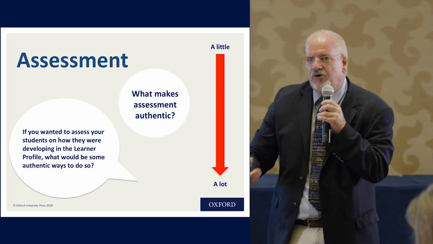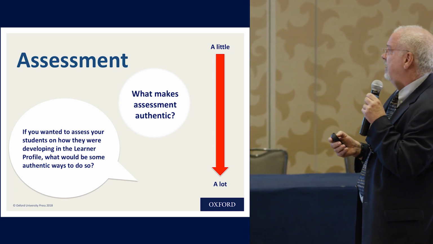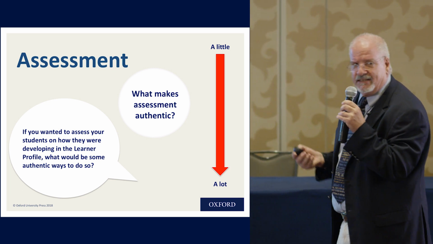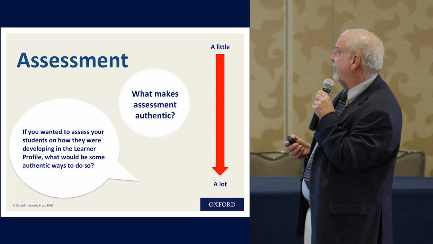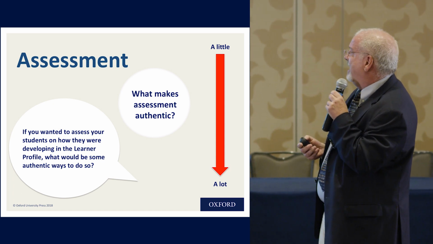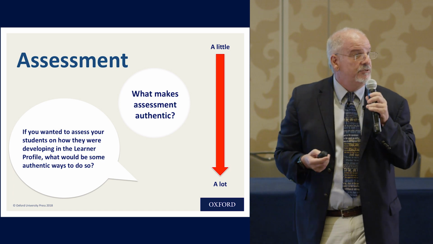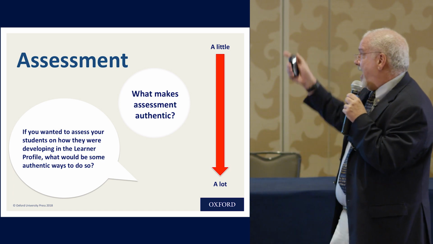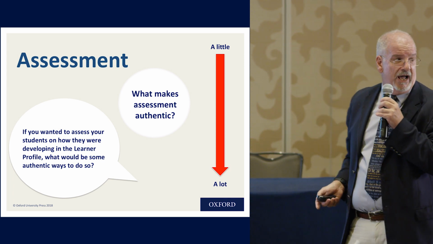What is the degree to which they can do that? And we want to give authentic tasks, and we'll get into that a little bit more later, but what we're really looking at is how would we know you are doing what we want you to do? And it varies from a little to a lot.